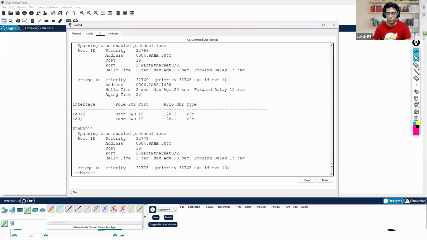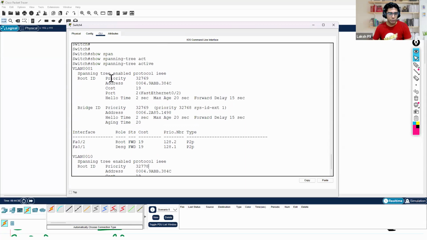In the output, we can see it says the root switch priority and the root switch MAC address. What is this cost? It is its cost to reach the root switch, not the interface cost. This is the interface cost 90, and this is its cost to reach the root switch.